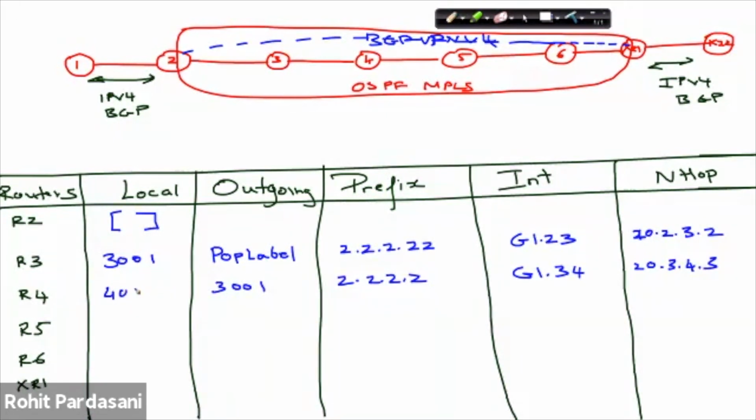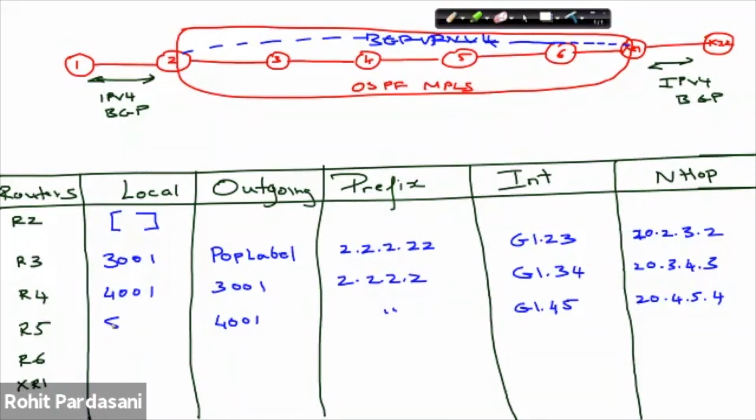R4 does exactly the same thing. He advertises a unique label for that prefix to his neighbor R5, which goes here. This is the same. This is gig 1.45 from 20.4.5.4. Excuse me.